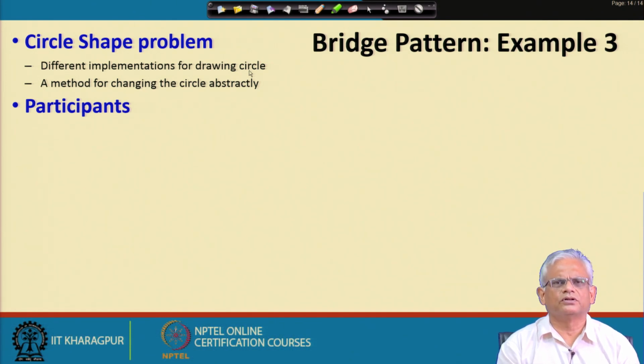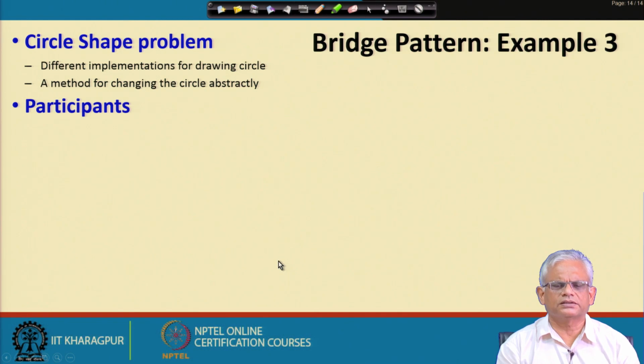For example, we may stretch it, we may contract it, we may change the color, we may change the fill pattern, and so on. But also the circle can run on the browser, the circle can be displayed on the browser, on a standalone application, on the mobile phone, and so on.